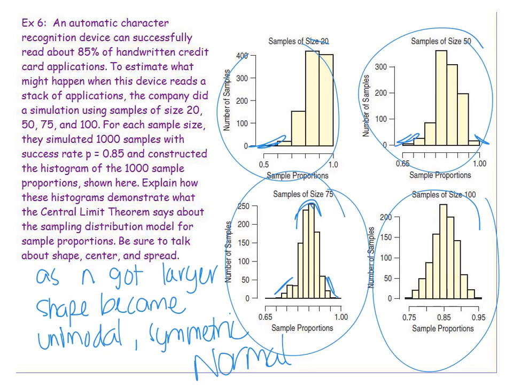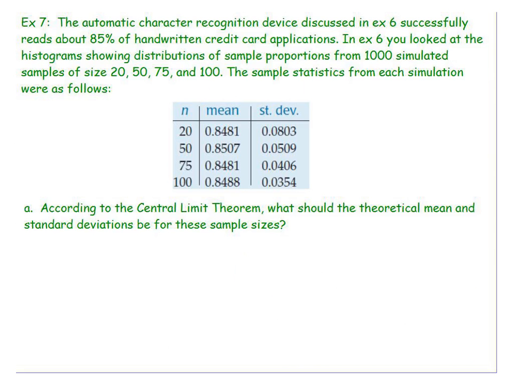So we're going to do some further detail with these four histograms. The automatic character recognition device that we were just talking about successfully reads about 85% of handwritten credit card applications. In example 6, we looked at the histograms, and it showed the sample proportions from 1,000 simulated samples of sizes 20, 50, 75, and 100.